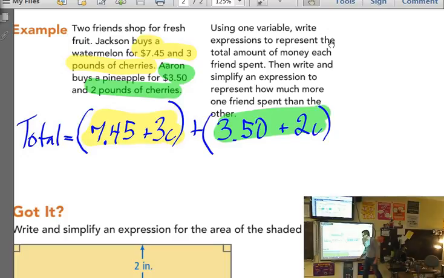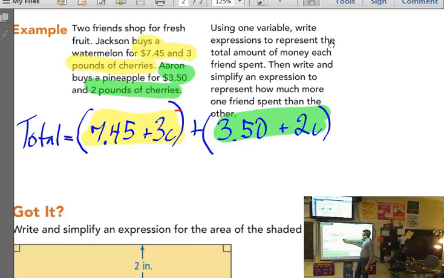Right now I have that highlighted based on who did what, but now I'm going to use shapes, another way we can model with math, to identify my like terms. What like terms do I have up here, Julia?